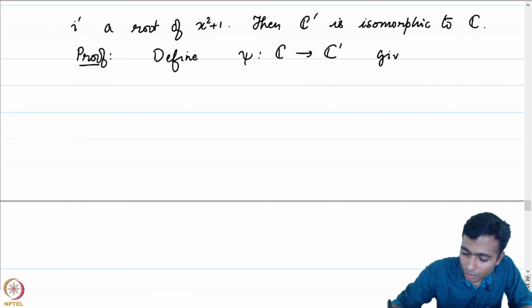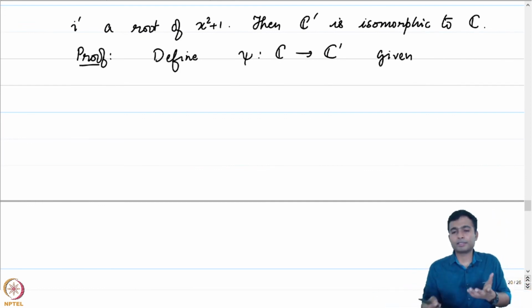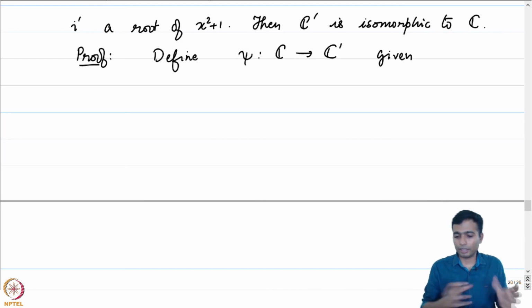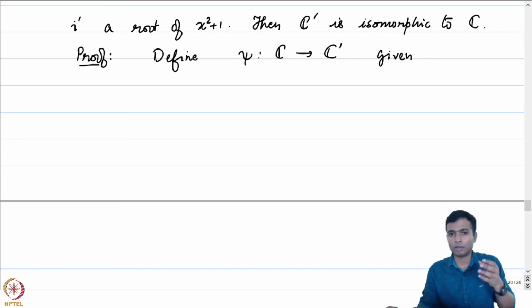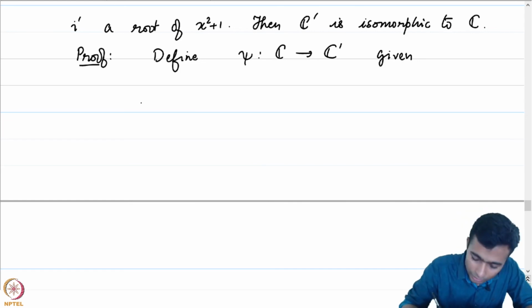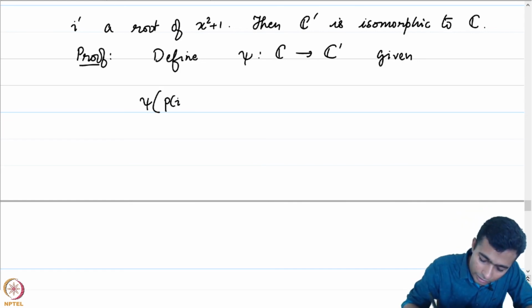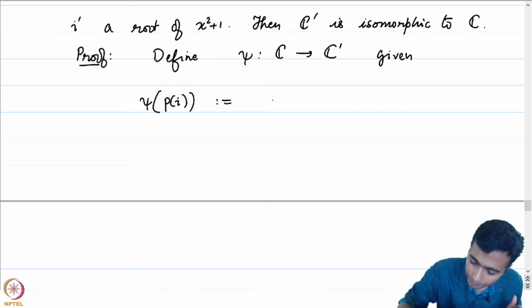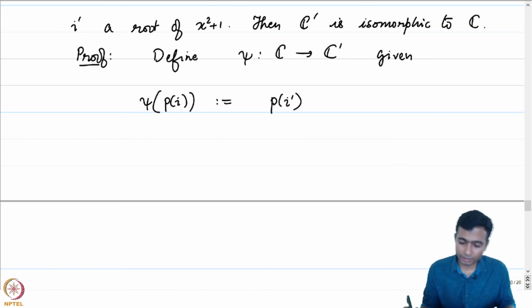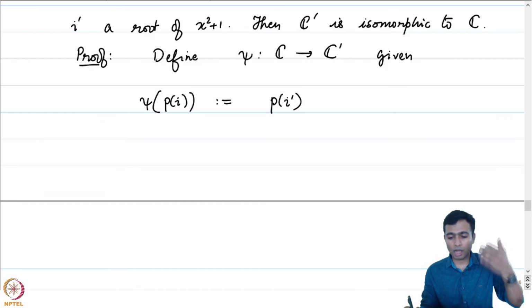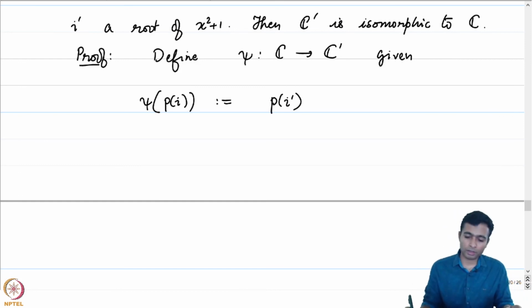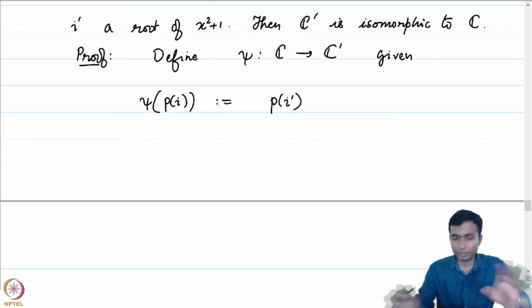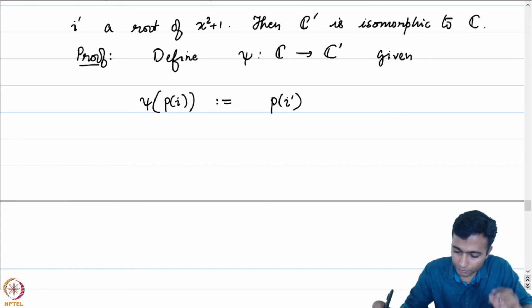Any element in C we can think of as being a polynomial expression in i, right? So let's take p of i and define psi of p of i to be p of i prime. So notice that this particular map is the identity on R, and it sends i to i prime. That's the map, and it will be a field homomorphism from C to C prime.